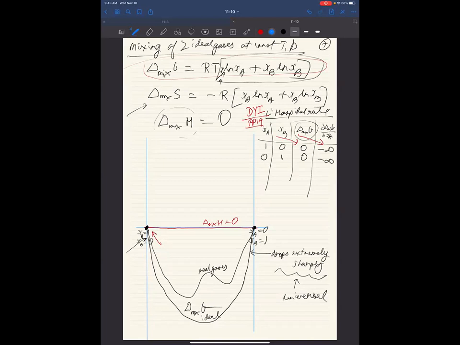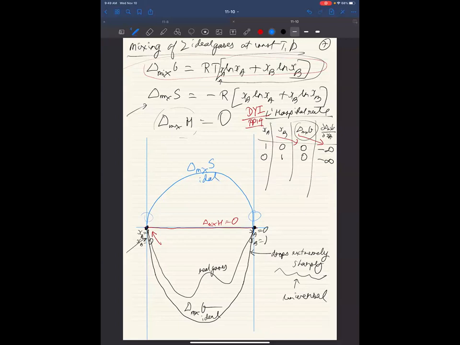So basically it's going to look something like this. But this behavior, that the slope rises very quickly, this weird behavior of the slope, will apply even for delta mixing S. So this is delta mixing S for ideal gases.